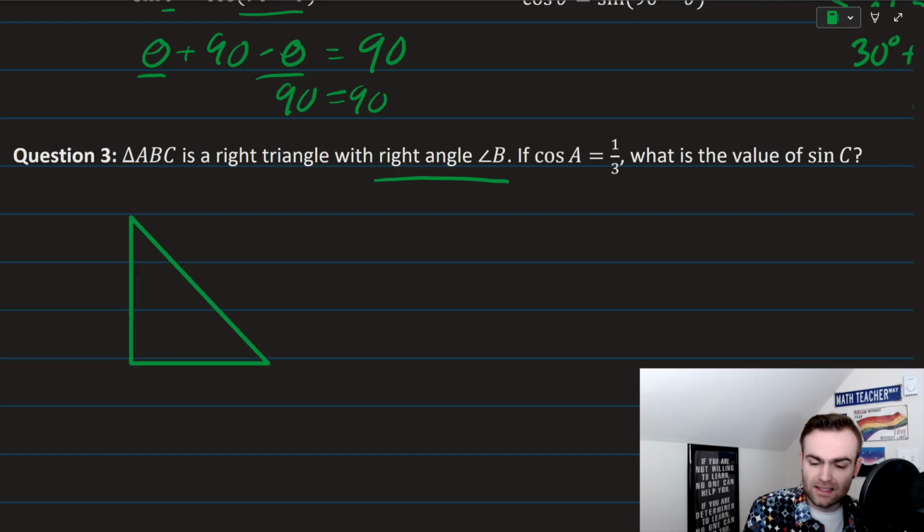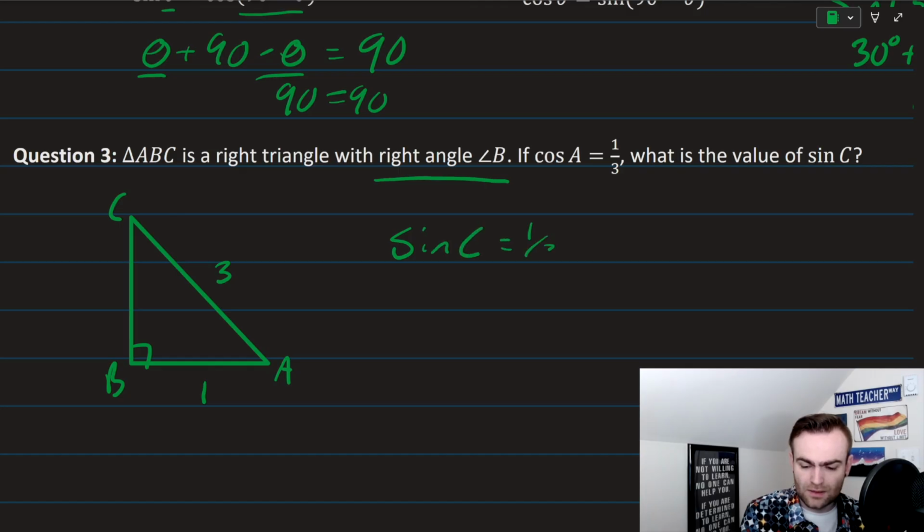And in doing so, let's label the right angle as B. We will say that this is A and this is C. So the cosine of A is 1/3. So the adjacent over the hypotenuse for A is 1/3. The sine of C would be the opposite over the hypotenuse, which would be, in this case, also 1/3. So the sine of C is 1/3.